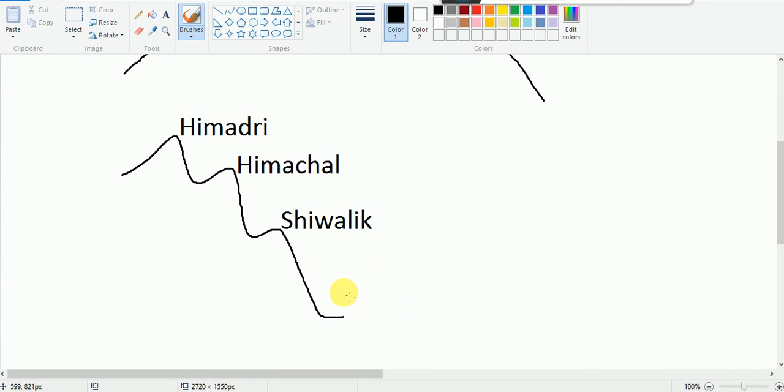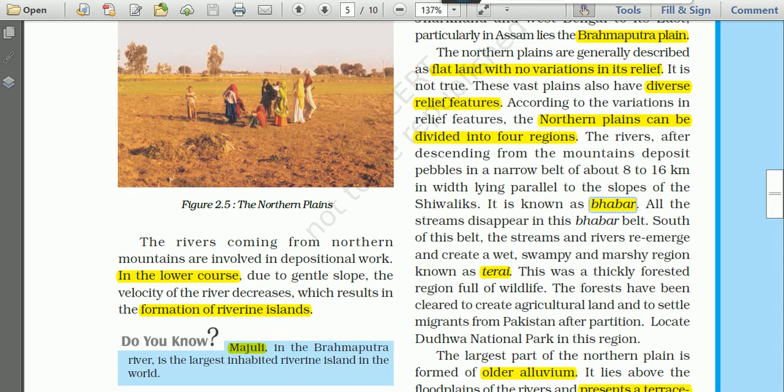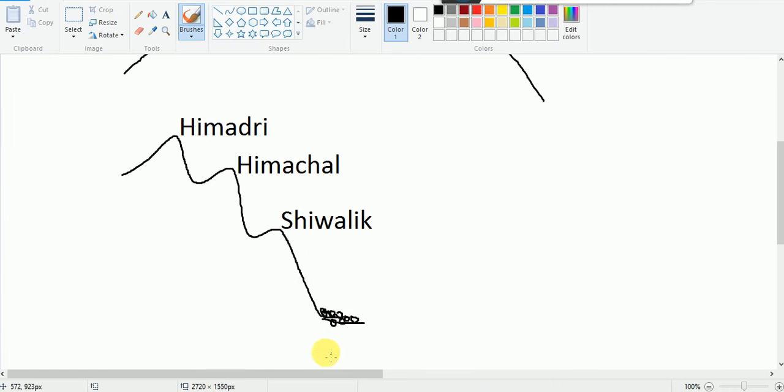At the foothills of the Shivalik here, we find deposits of sands and pebbles along the foothills. And this belt is about 8 to 16 kilometers wide. Here the width is 8 to 16 kilometers.